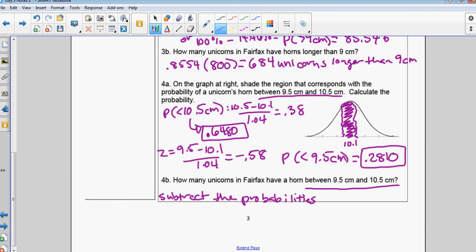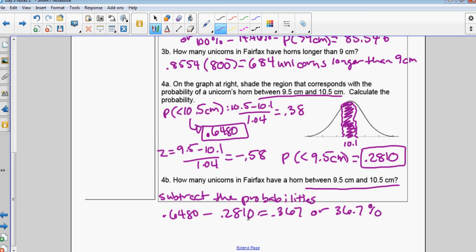And we're going to subtract 0.6480 minus 0.2810. And we're going to get the probability is 0.367. That doesn't seem to make sense. Yes, it does. 0.367, which is 36.7%.